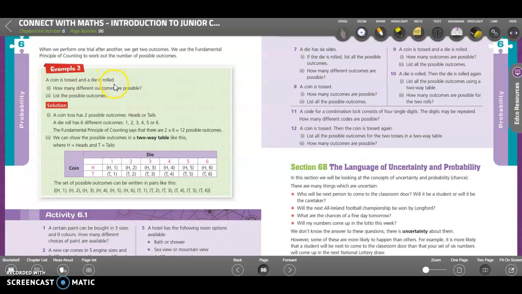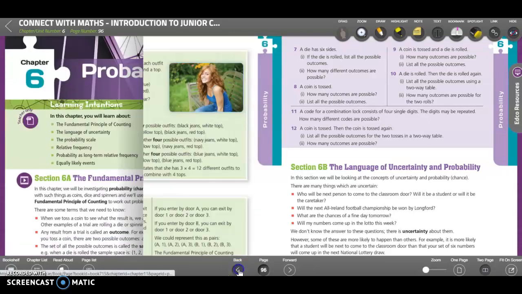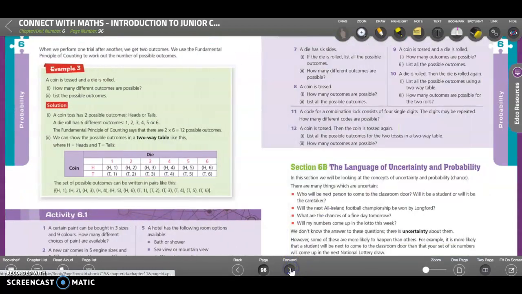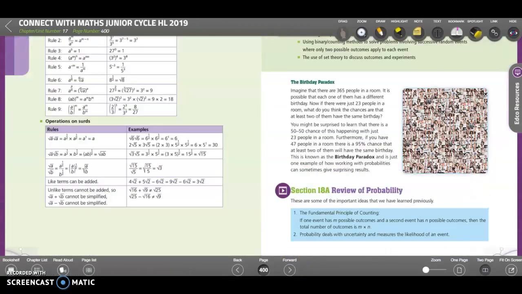So when you combine the 2, it is 2 multiplied by 6, 12 possible outcomes, and they're listed there in a 2-way table. Just like the 12 possible outputs in this one are listed there if you want to go through them. If you don't trust the fundamental principle of counting, you can test it by just counting on the lists they've given you. All right, so that's the fundamental principle of counting.